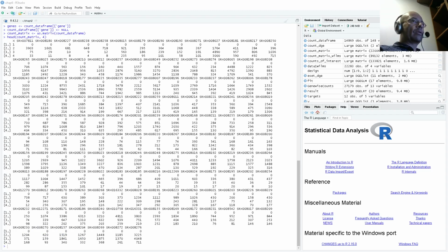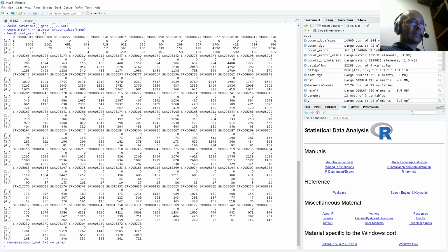And we will assign the genes. Next, identify the experiments that are of interest to us.